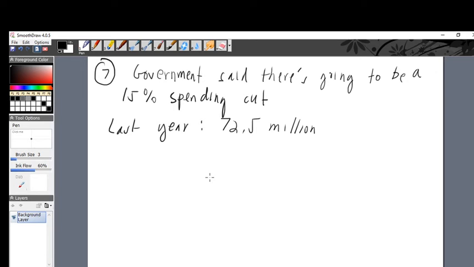So this year, they just figured it out or they projected, but let's not go too much into projections, 64.3 million. Okay, so they promised a 15% cut. There's definitely a cut, but they promised it's going to be 15%. So did they? Is this actually the cut they did?